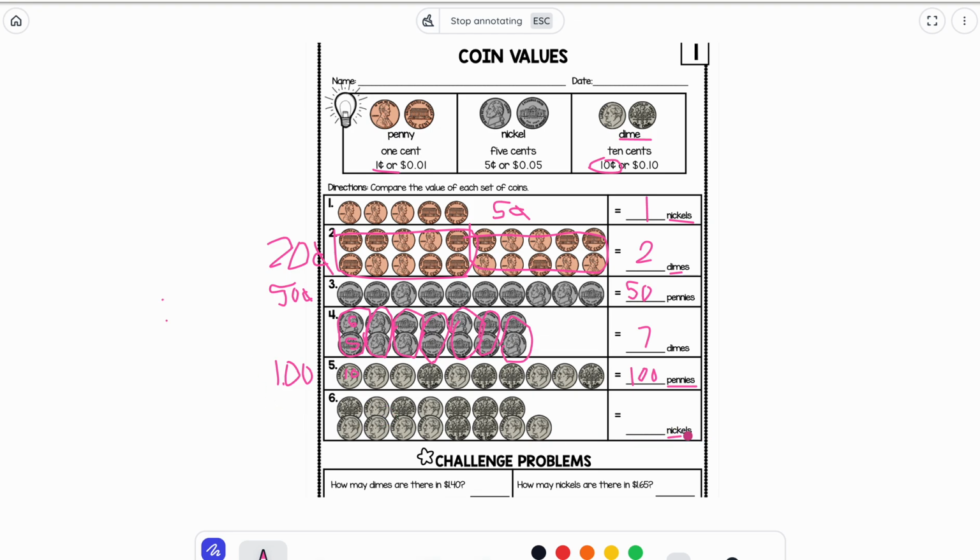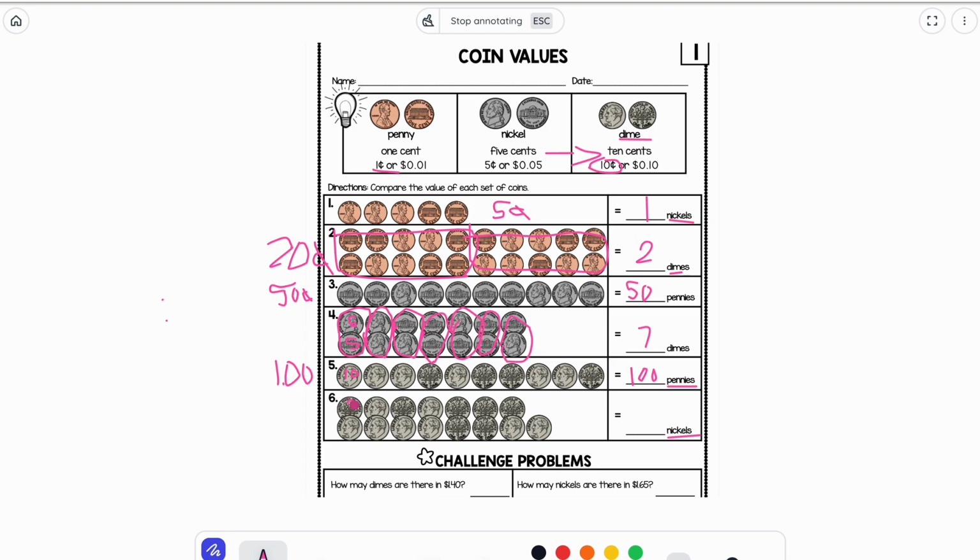Nickels. Now remember, nickels are 5 cents and dimes are 10 cents. So that means 1 nickel is half of a dime. One more time, I'm going to say that because a nickel is 5 cents and 1 dime is 10 cents, that means each dime I see is 2 nickels.